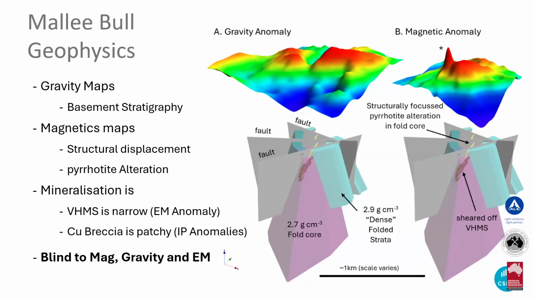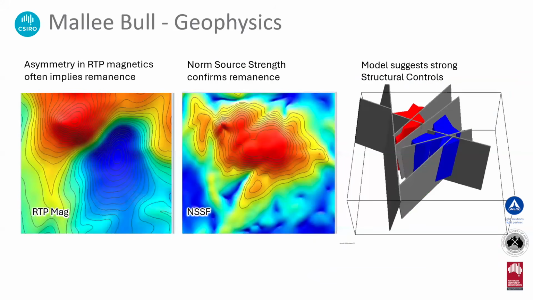It doesn't show up in IP. Some of that copper pyrrhotite breccia that I was showing does show up in the IP. So different parts of the system respond to different things, but neither of them really show up in mag or gravity. This anomaly here, though, you notice it has a very big low here. I just want to explore that quickly for my last slide.